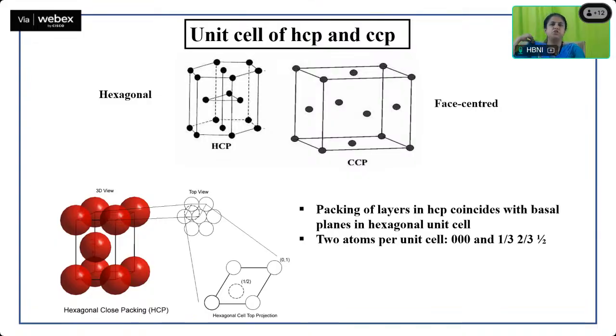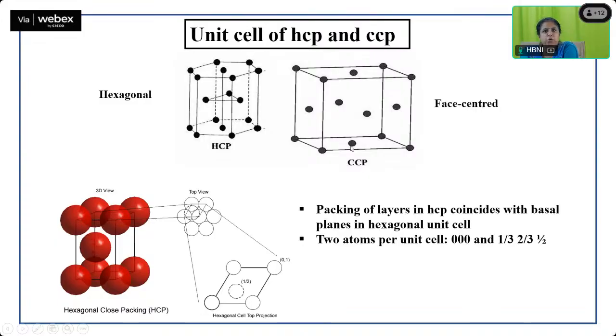And what are the coordinates of those lattice points? Let us just do that. The one at the corner, we just agreed because of the single lattice point, and let's consider this as the origin, 0, 0, 0. Okay, we agree on that. Then, because the 6 faces are contributing 3 lattice points, each face contributing half, there have to be 3 more coordinates. So what are those 3 more coordinates?